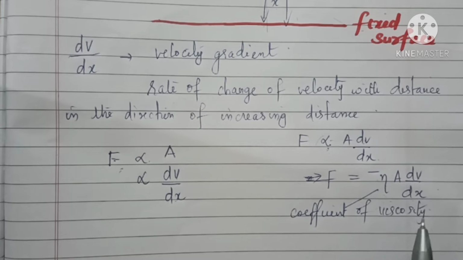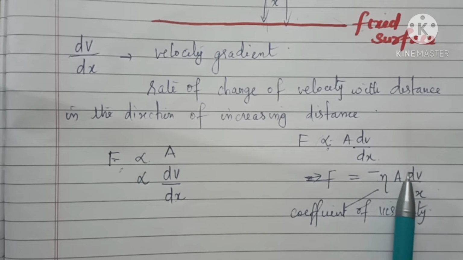Understood? Now, how can you define this coefficient of viscosity? This coefficient of viscosity can be defined as the tangential viscous force when you are taking the area as well as dV by dx as unity. Normally we define the constants like that, isn't it?